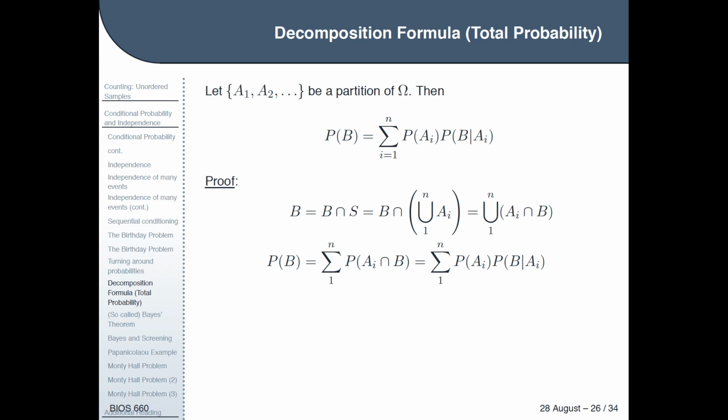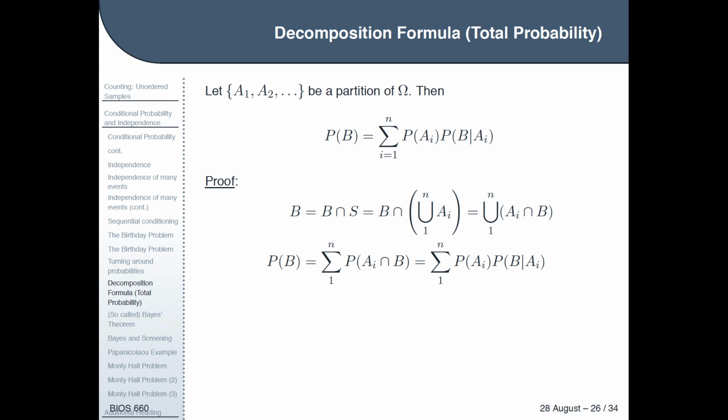That should just be omega, not S. But B is going to be equal to B intersect omega, which of course is going to be B intersect the union of all the A's, because by definition the A's are a partition of omega. Using, I think that's De Morgan's rule, that's going to be equal to the union from 1 to n of A_i intersect B.